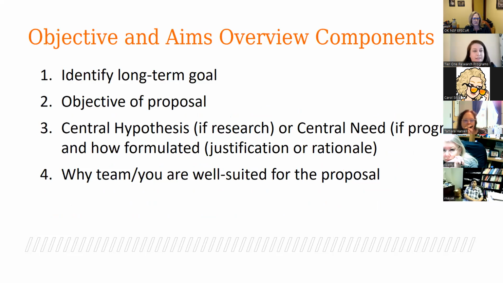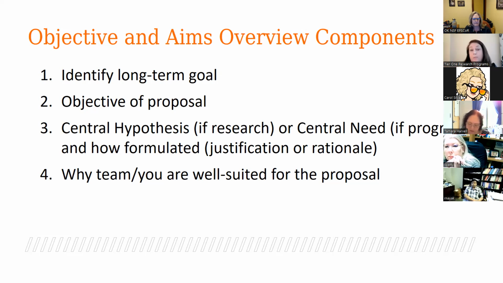So then the next component will be your objectives, for both your long-term research plan and then your specific aims or objectives for your proposal. If you're doing a research proposal, you should include the central hypothesis.